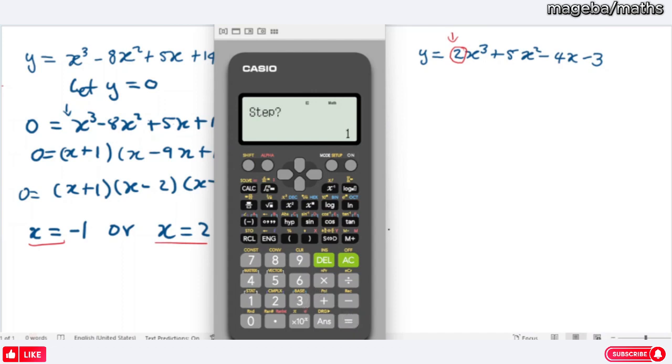Now my step, very important. Since I have 2 here, my step is going to be 1 over 2. Guys, it's 1 over 2. The step that I'm going to have, since I have 2 here, we say 1 over 2. Let's say you had 1 over 2 here as a value of a.